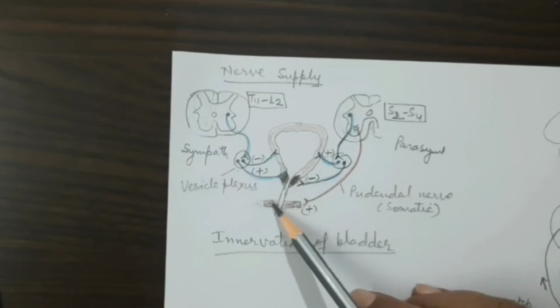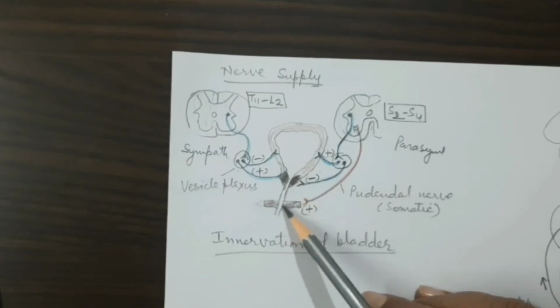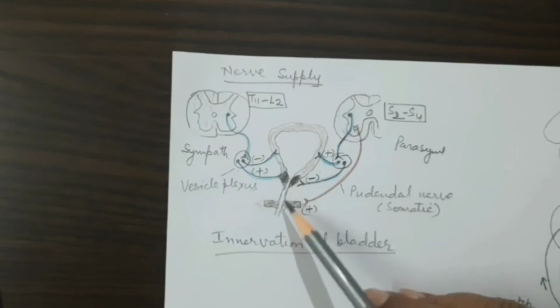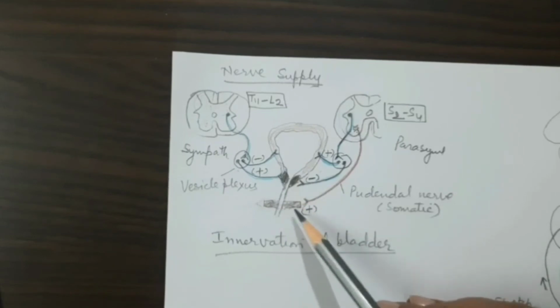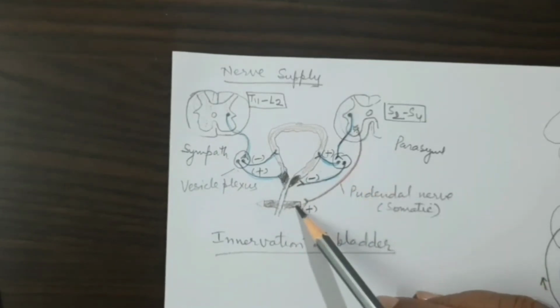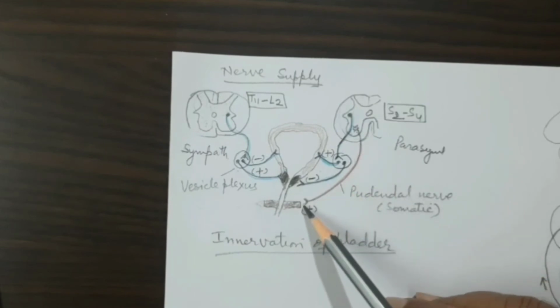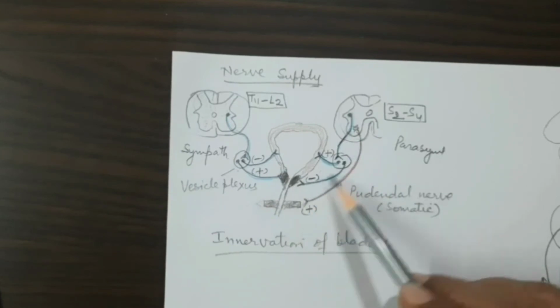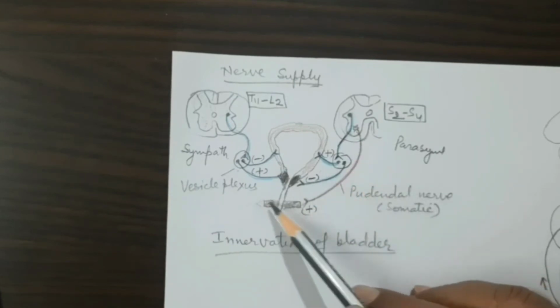So a person can also have voluntary control over the passage of urine. Though he has the desire to micturate, he can keep voluntary control for some time, so that whenever he gets a suitable place, he will go to the toilet or washroom and do it.